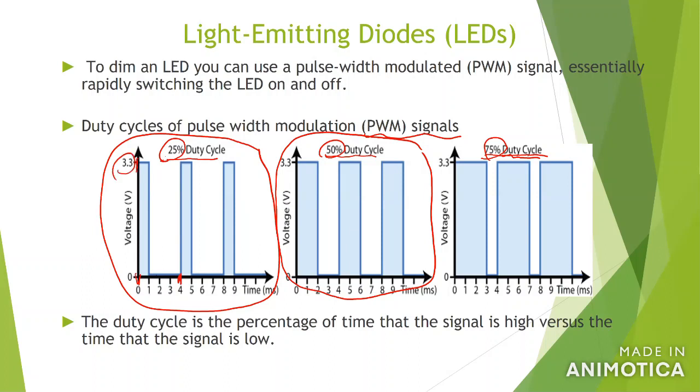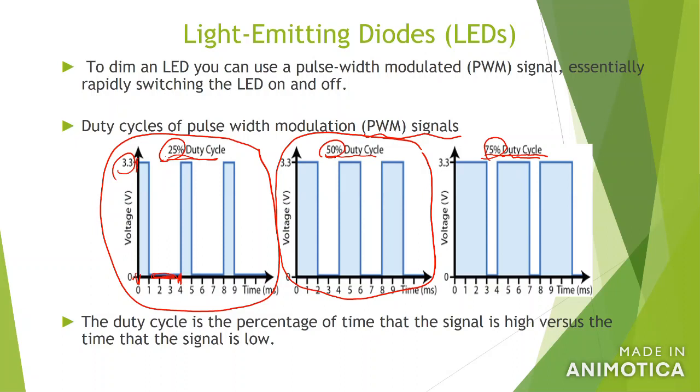The other 75% of the time we have logic zero, voltage is zero. So a 25% duty cycle means only 25% of one cycle has logic 1. In the Raspberry Pi, logic 1 means 3.3 volts.